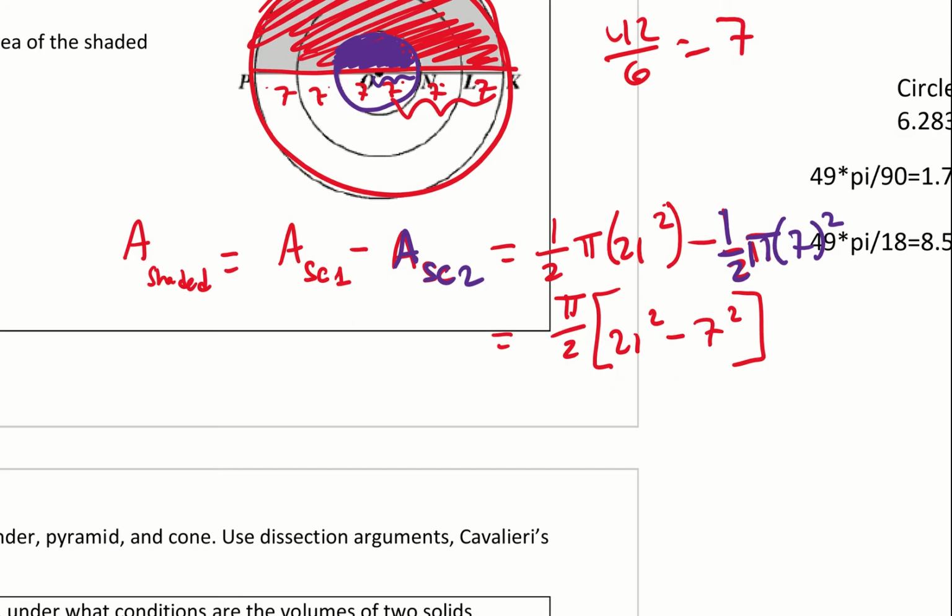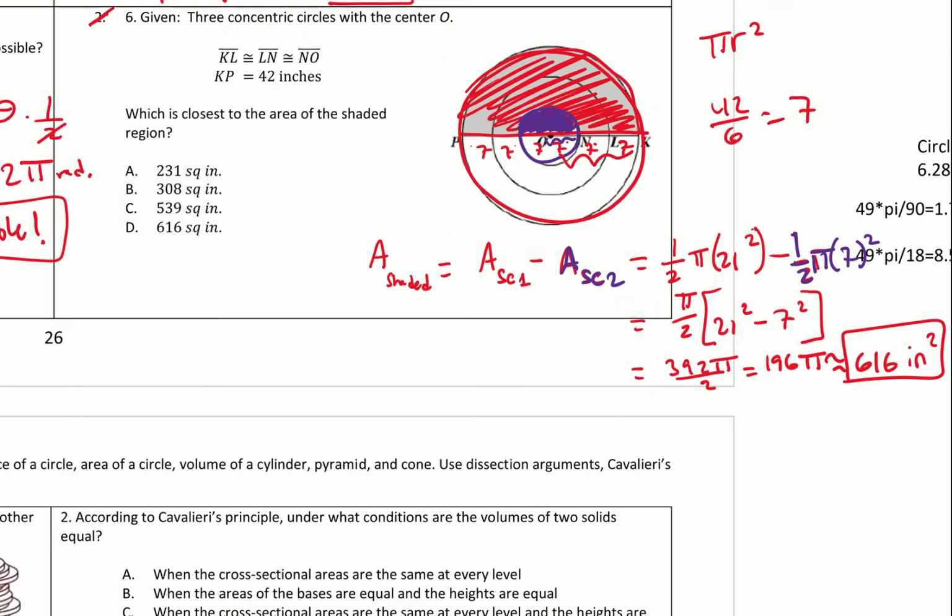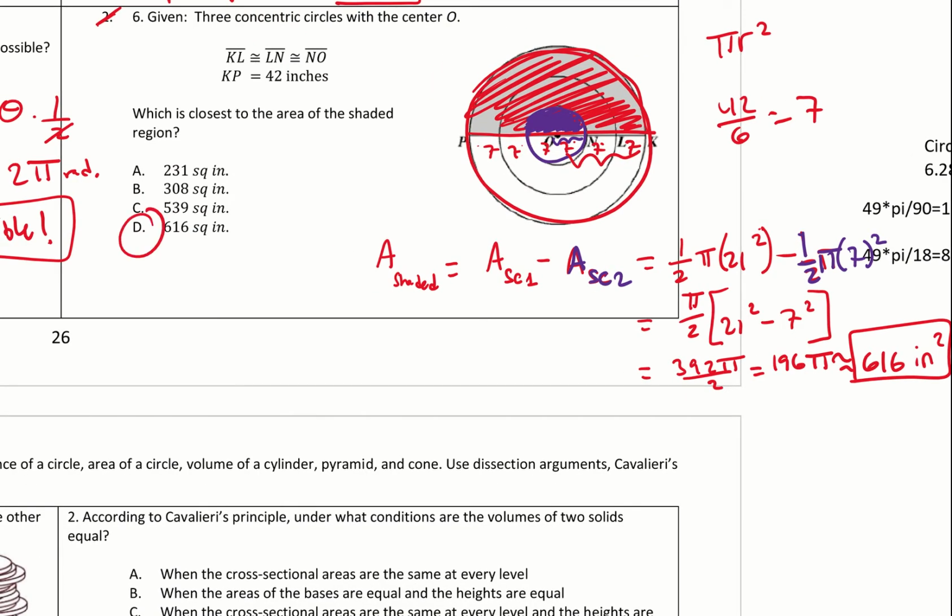There you go. That makes more sense. And so then we go ahead and figure out what this is. It turns out when you do this, you get 392 pi over 2, which is 196 pi, which is approximately 616 square inches. And there you go. So it's going to be D.